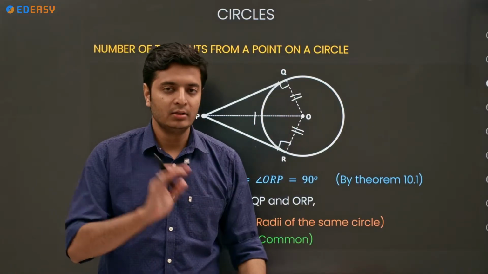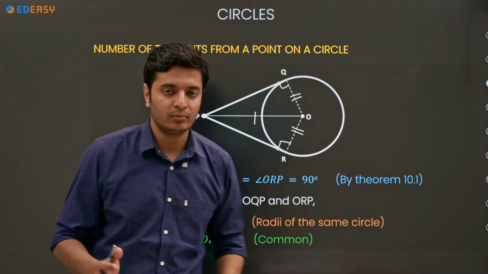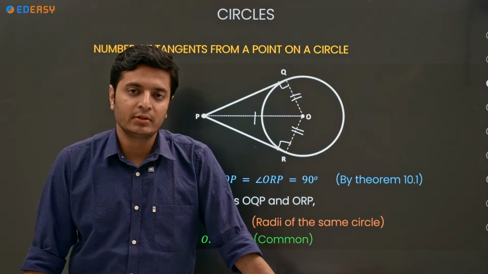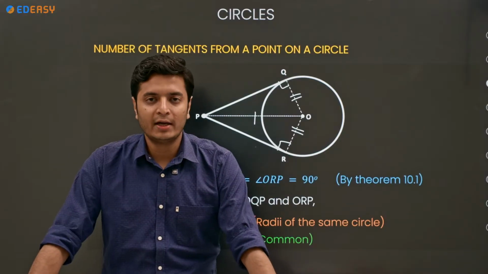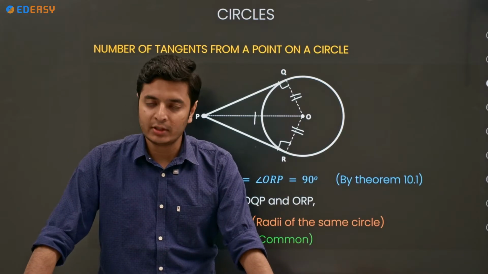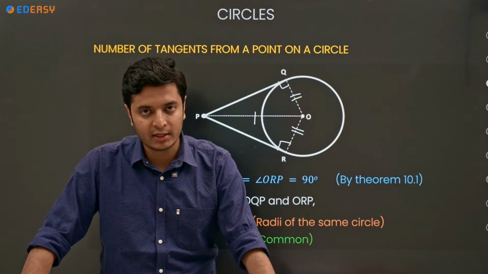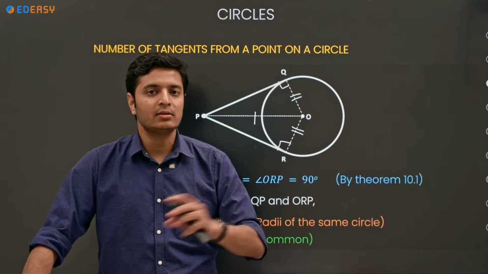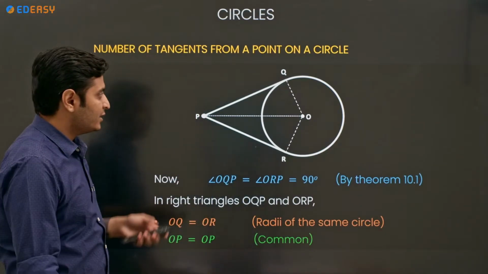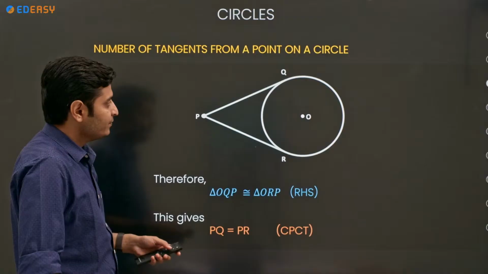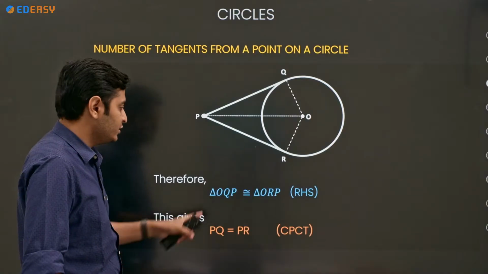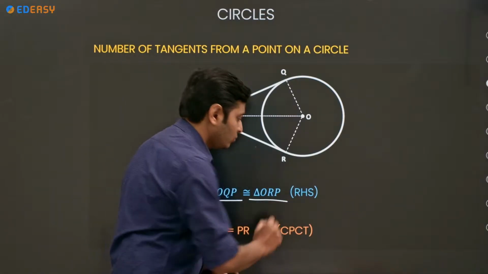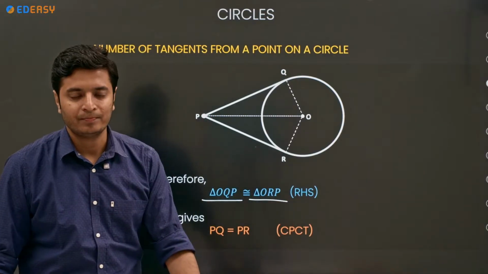So we can apply the RHS congruence rule. Let me again tell you this statement. According to the RHS congruence rule, if in any two right angle triangles, the lengths of the hypotenuse are equal and the length of one of the corresponding sides is equal, then the two triangles are congruent. So using RHS, we can say that triangle OQP is congruent to triangle ORP by the RHS congruence rule.